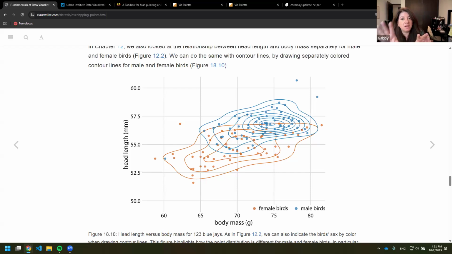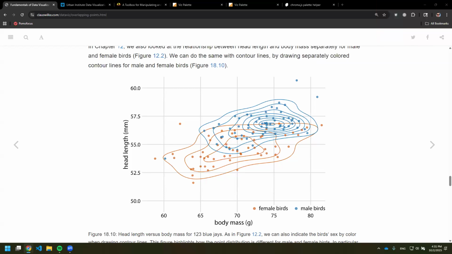That way they're there and you can see that females have a wide variety of weight or body mass versus males, who don't have that much variation. And definitely males are going to have a longer head length versus females, so you can do those comparisons. Highlight one with color and the other with gray so it's faded in the background. Those are just my two cents on these parts.